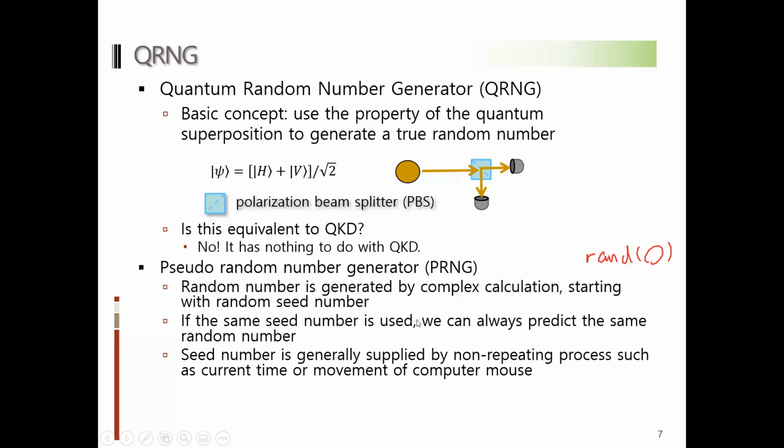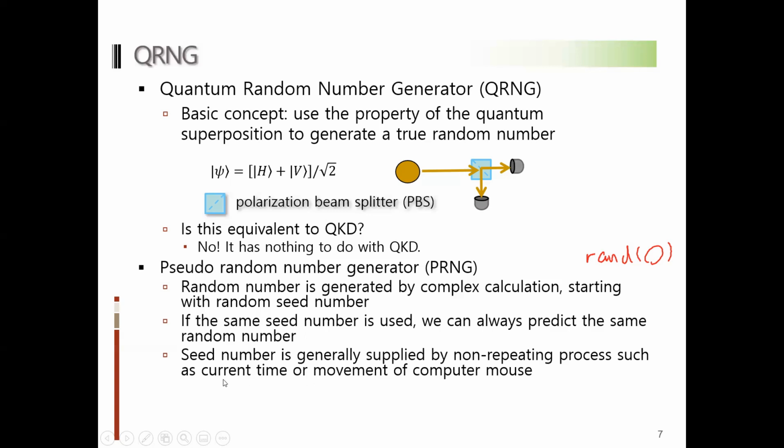Another type of random number generation is when your computer asks you to move your mouse like this, and if you keep moving the mouse, the pattern of the movement will be completely random, and based on the movement result the computer can generate some random number.